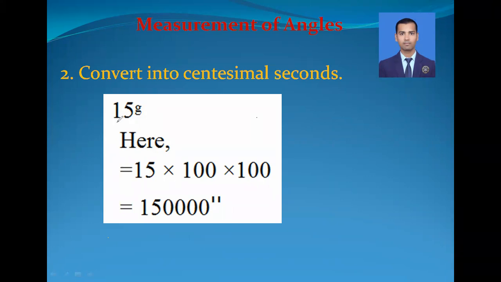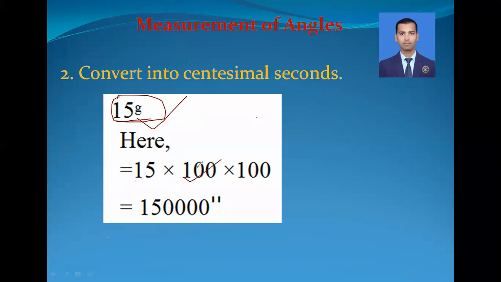So in the centesimal second, we know that in the centesimal measurement system, the angle of a triangle is measured in grades. There is a relation of 100, so to convert grade into second, first we need to convert grade into minute. 1 grade is equal to 100 minutes.